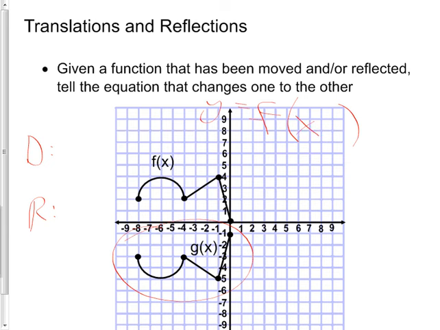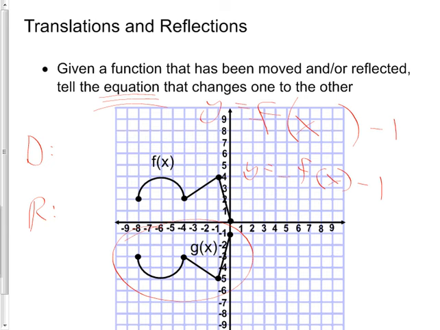No. Has it moved up or down? How far down? Down 1. There it is. Negative on the outside, f of x minus 1. Like that. And you need a y equals because it said equation. Those little half points add up. Try not to lose those.